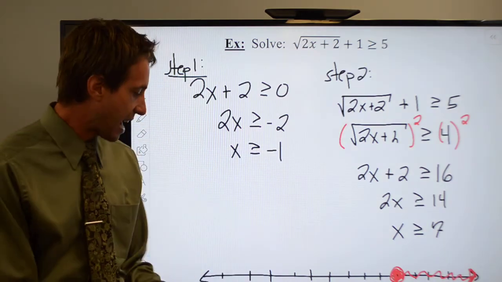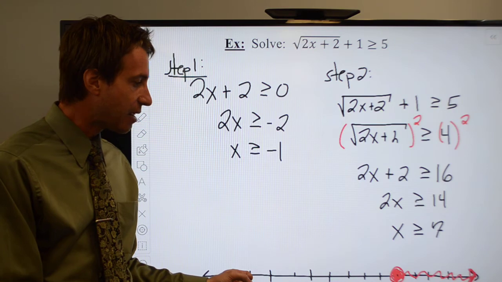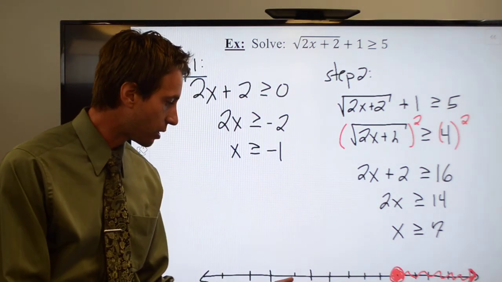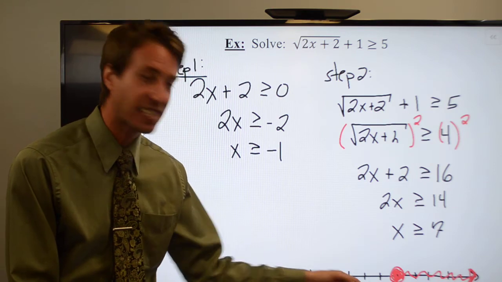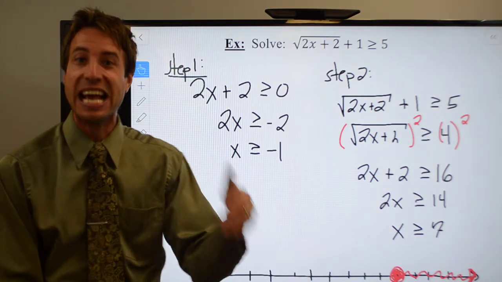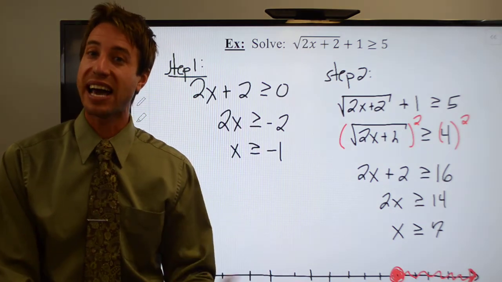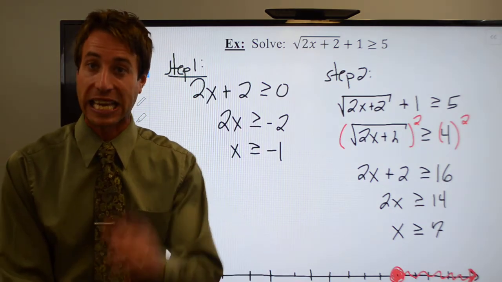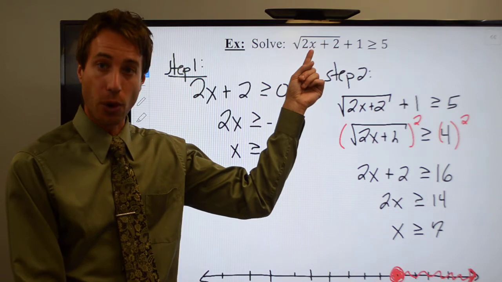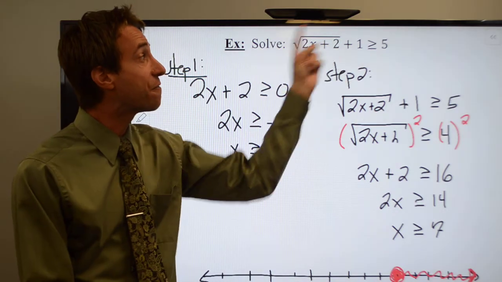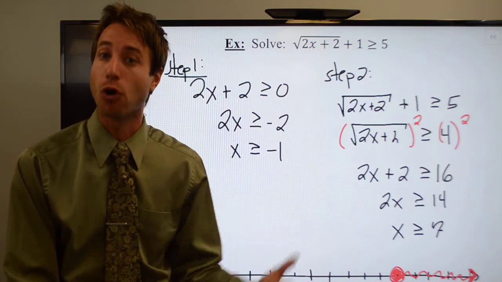In fact, anything between negative 1 and 7, any of these values, 0, 1, 2, 3, 4, 5, 6, if you plug them in, is going to give you something that is less than 5. And they don't satisfy the actual inequality. Yes, they give you a positive number under the radical, which is awesome, but they fail to satisfy the overall inequality.